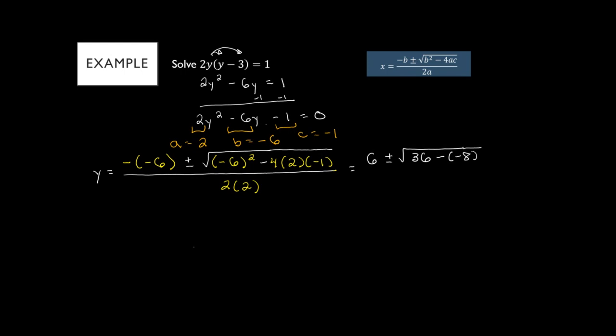Or you can do 36 plus 8. Some people on their paper will just turn the negative and the parenthesis and the negative into that plus sign. That's one way to remind you that a negative times a negative is a positive. And then in the denominator, 2 times 2 is 4.